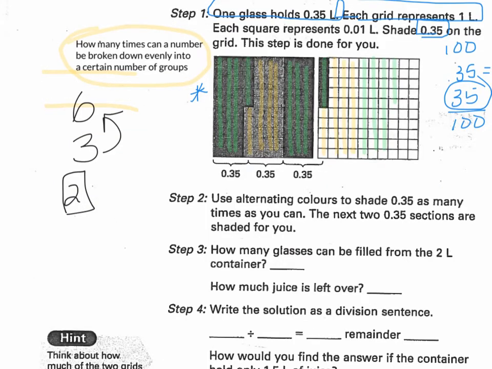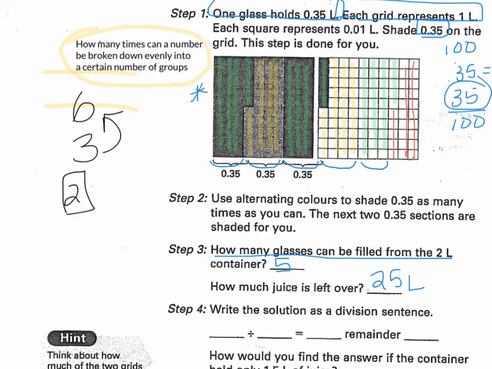I was able to fill in 1, 2, 3, 4, 5 times. How many glasses can be filled from 2 liters of container? I can fill 5 glasses, and if I count, I have 10, 25. I have 0.25 liters left over.